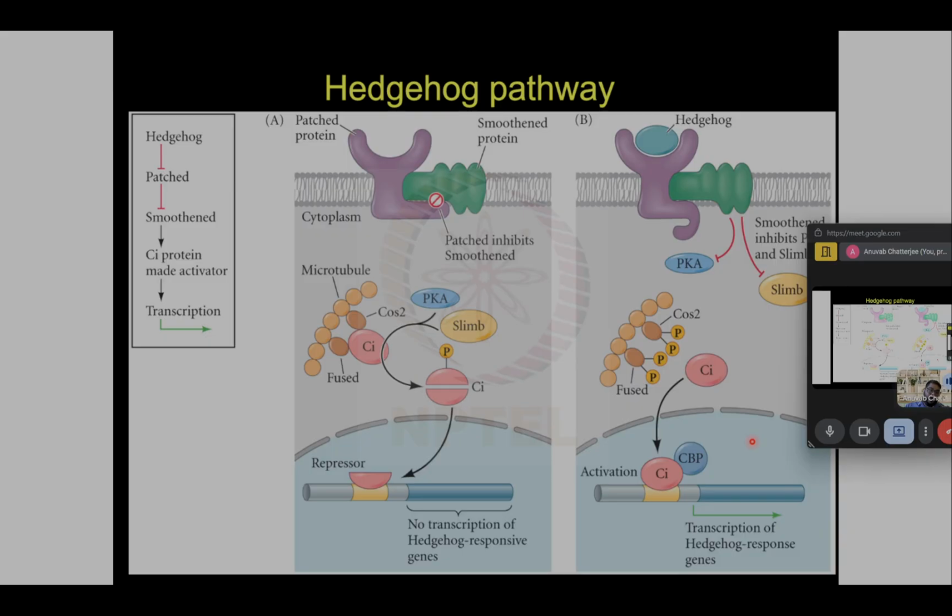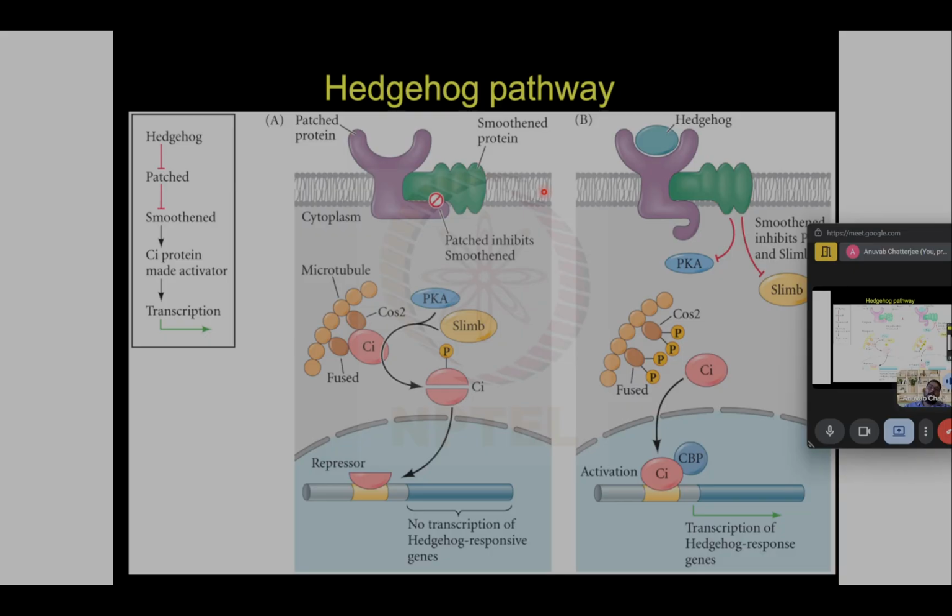This entire thing was figured out in Drosophila, but in higher eukaryotes you actually see the primary cilia doing a lot of things. Smoothened, instead of being associated with patched, translocates to this organelle called the primary cilia, which is a signaling organelle present on the cell surface.